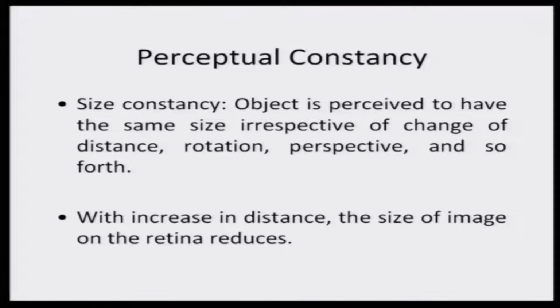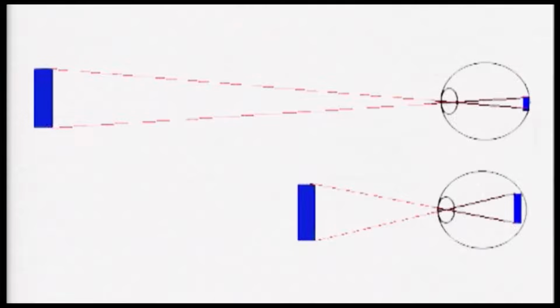Now, objects are perceived to have the same size irrespective of the change in distance, rotation and perspective. With increase in distance, the size of the image on the retina always reduces.